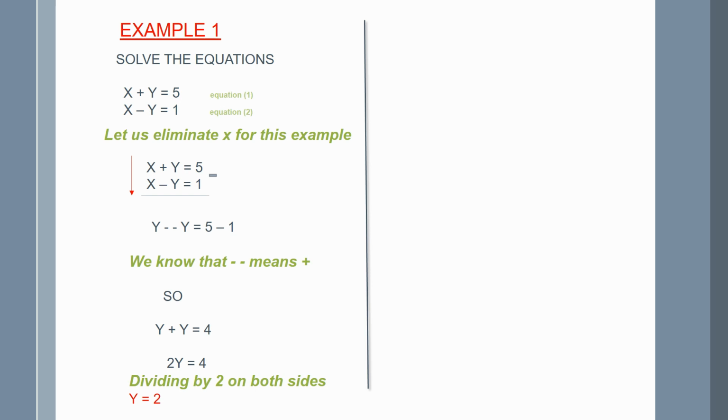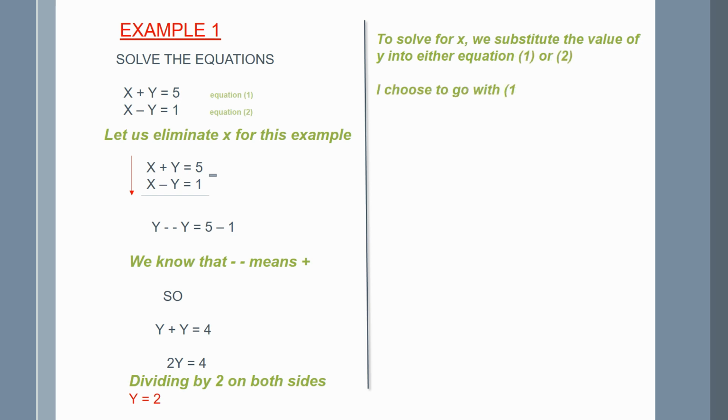Now, we do the second part, which is looking for x. To do that, we're going to substitute the value of y that we found into the first or second equation. For this case, I choose to substitute the value of y into equation 1, which we were given as x plus y is equal to 5, and we already know y is 2, so x plus 2 will be 5.